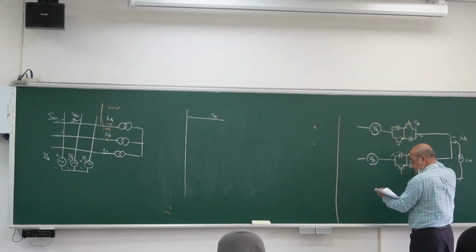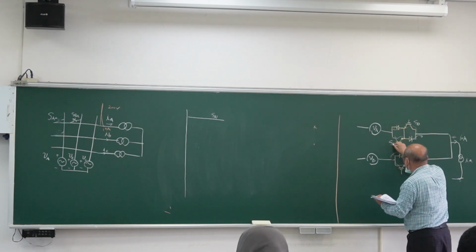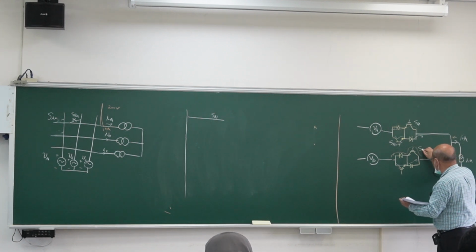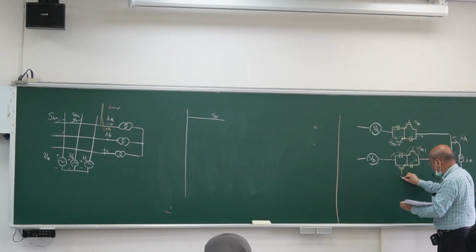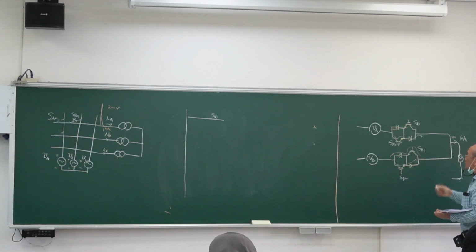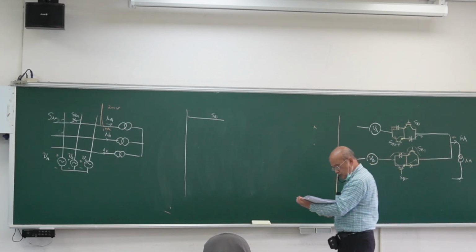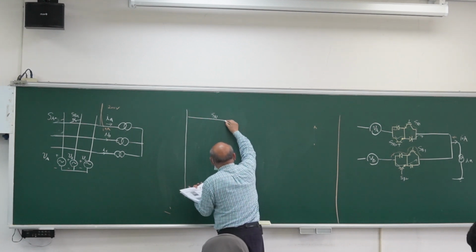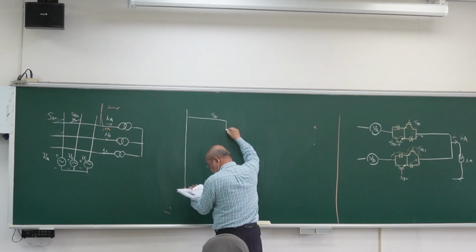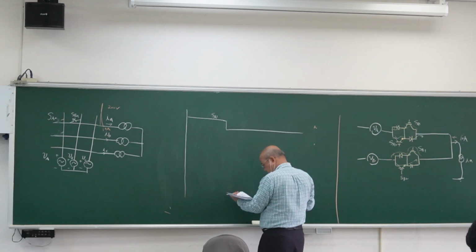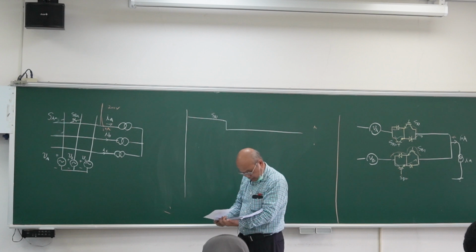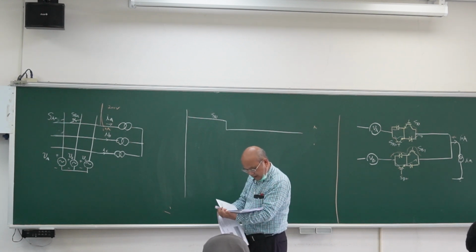This is SA2. This is SB1. This is SB2. So we have 4 switches. So we use this to show 4 switches. So SA1 turns on here, but we want to turn it off here. So I want to show you 4 steps.